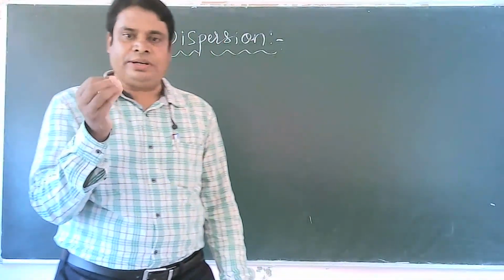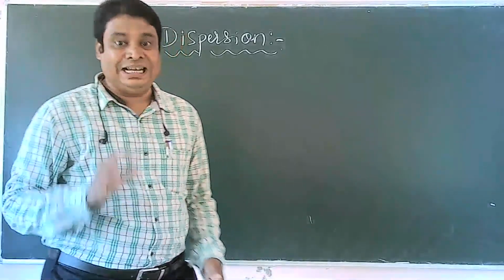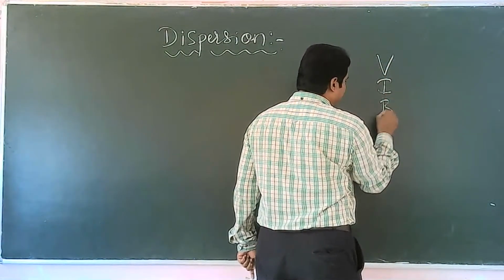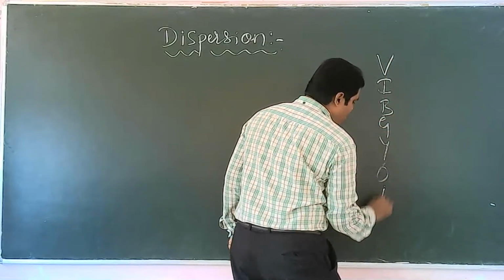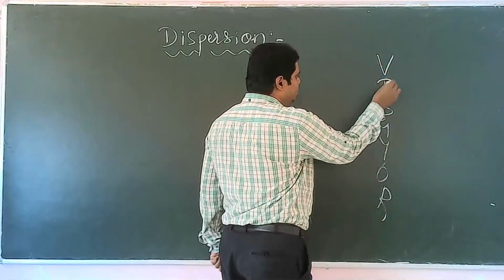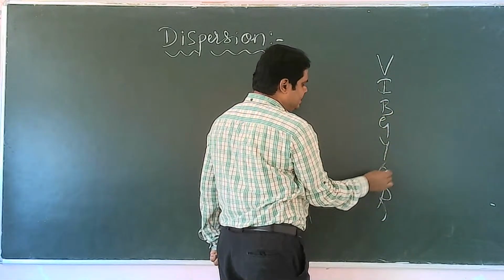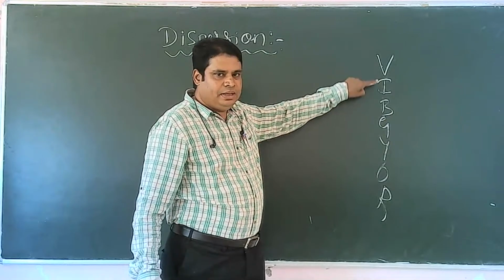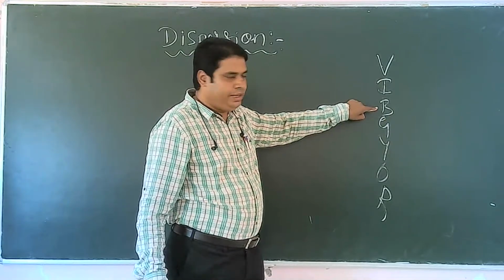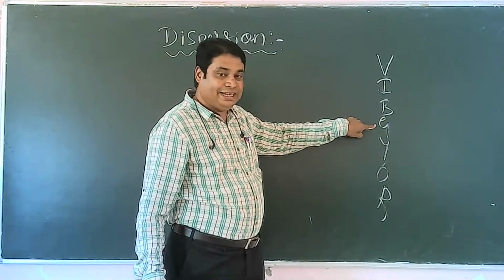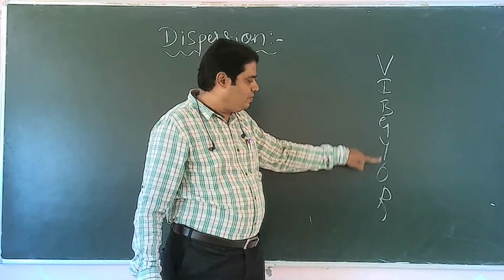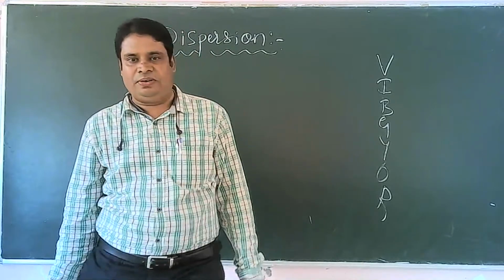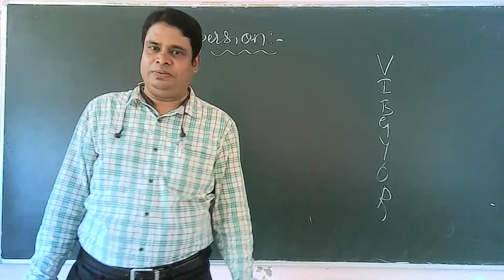The constituent colors of composite light are V, I, B, G, Y, O, R, where V stands for violet, I indigo, B blue, G green, Y yellow, O orange, and R red. We call it VIBGYOR.